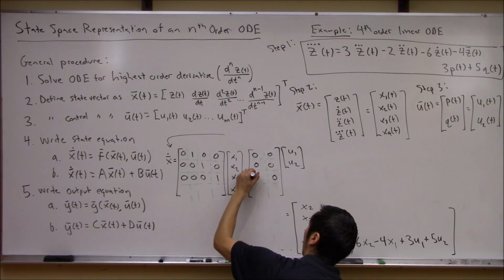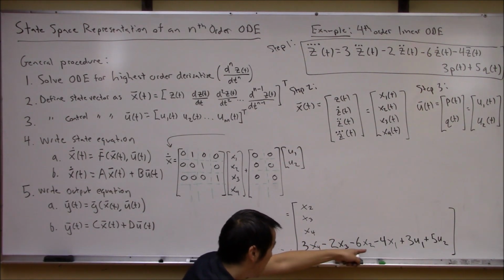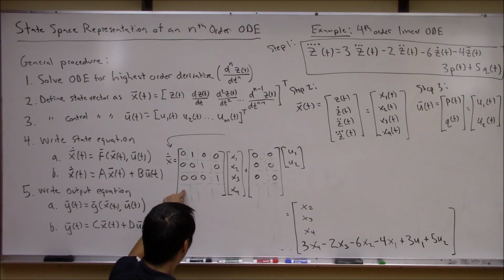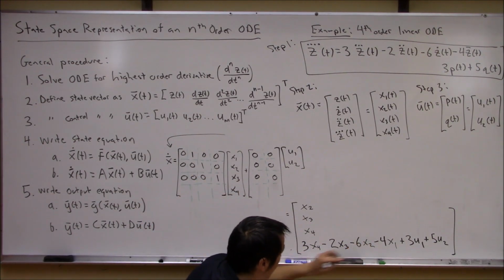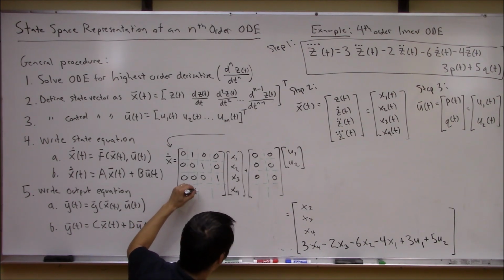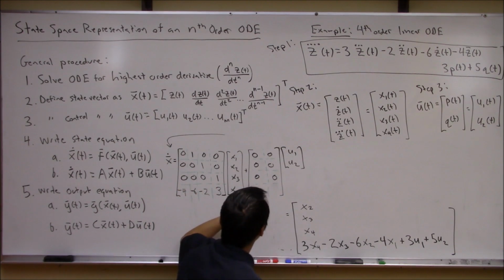And now all the magic happens in the bottom row. This term picks up the x1, so this has to be negative 4, negative 6, negative 2, positive 3.